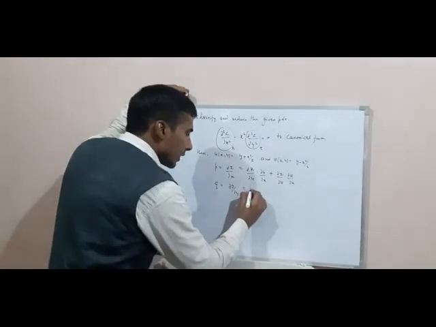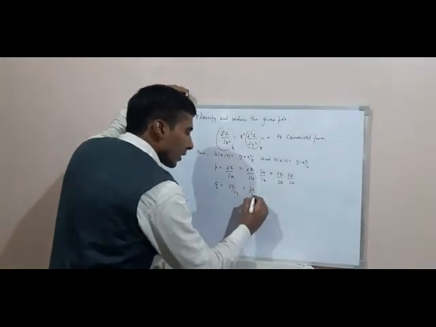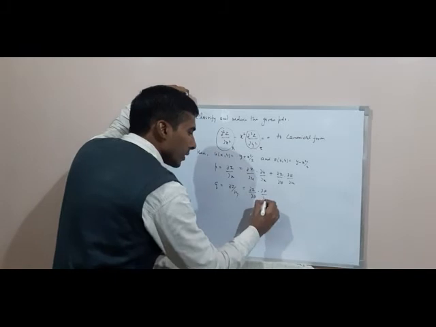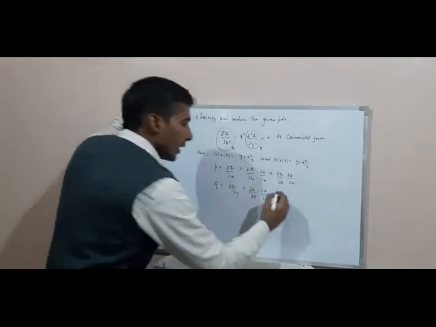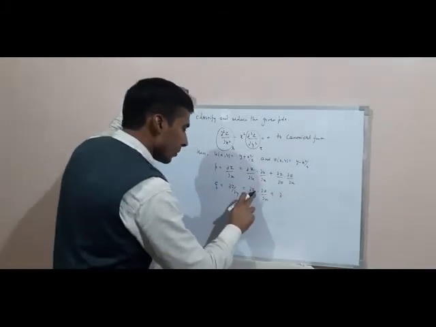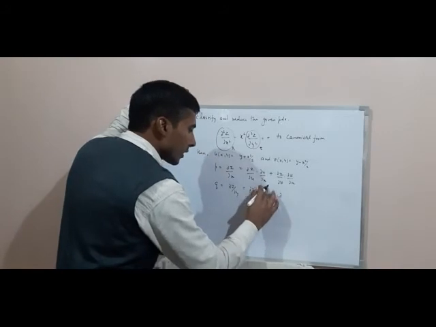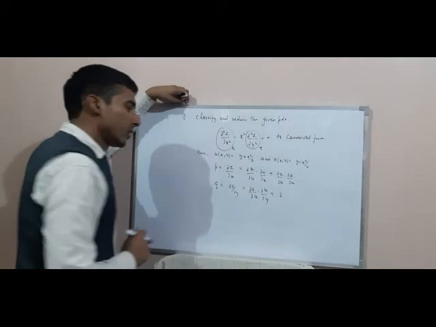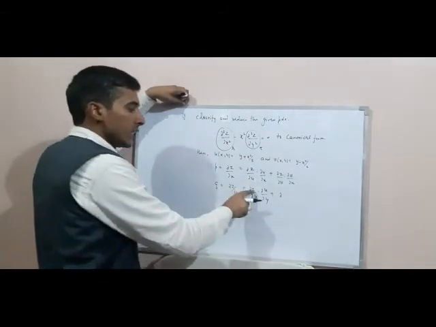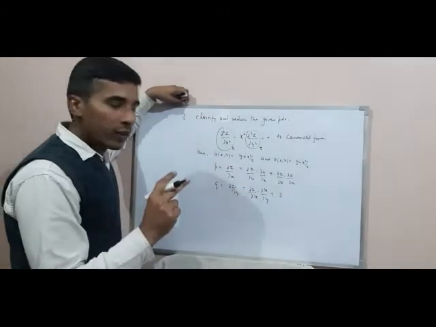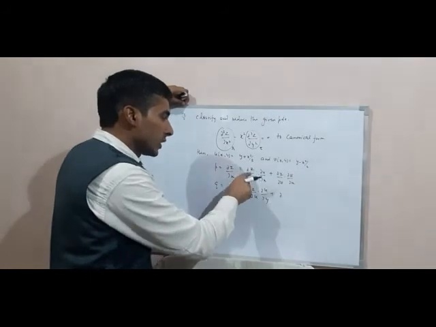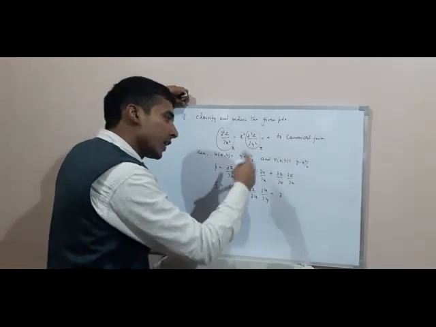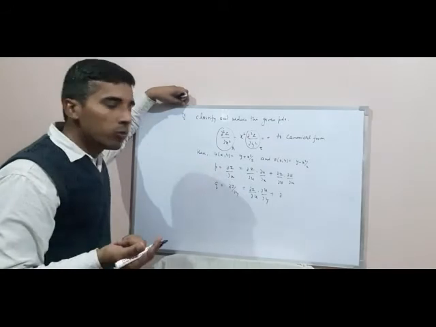It can be written as ∂z/∂v times ∂v/∂x, and ∂z/∂u times ∂u/∂y, because we are taking the partial derivative with respect to y, and z depends upon the two variables u and v. So first we differentiate z partially with respect to u, and then we differentiate z partially with respect to v.